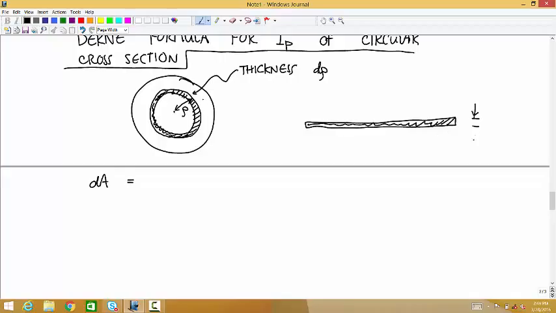The thickness is d rho. The length is the circumference, so this is 2 pi rho. And so dA is equal to 2 pi rho d rho.